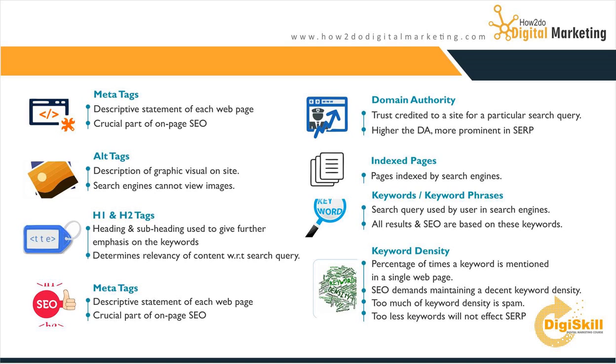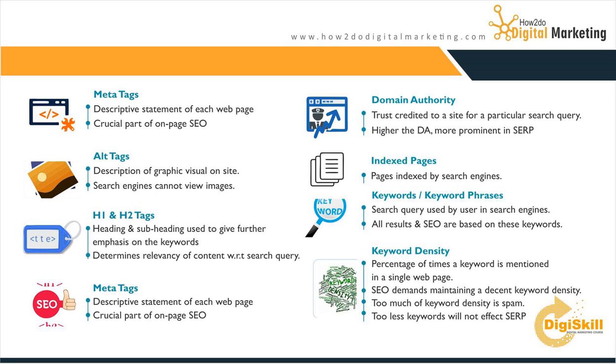It's a rank between 1 to 100, and depending on your rank, it tells you how trustworthy your site is. And the objective of SEO is to make sure that your site trustworthiness keeps going up, because the higher the DA, the more prominent will be your page position and rank position in SERP.